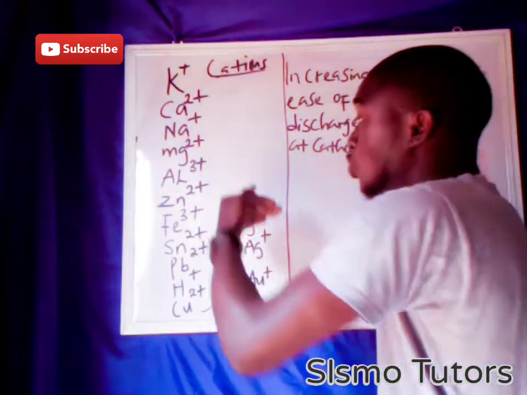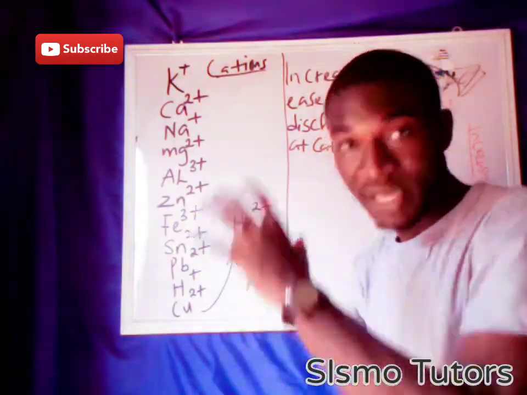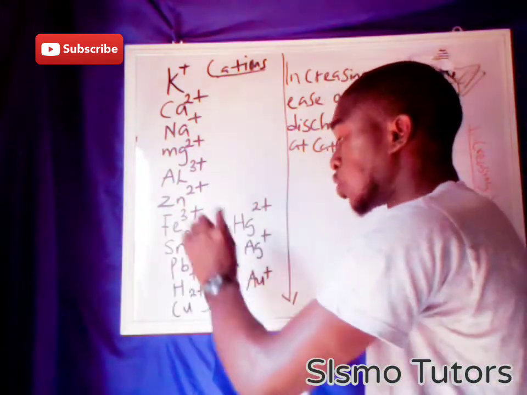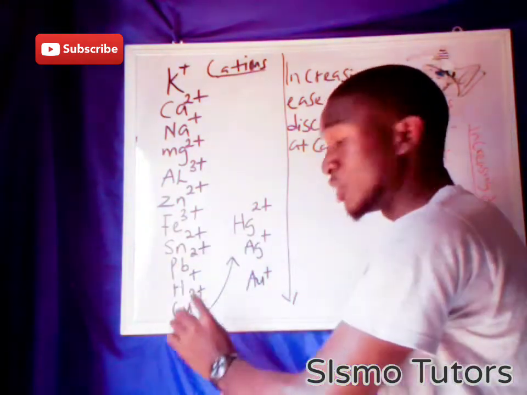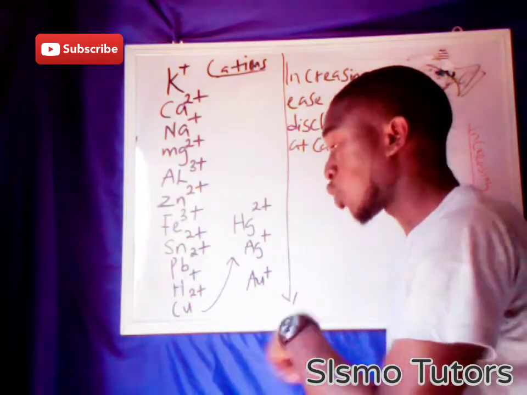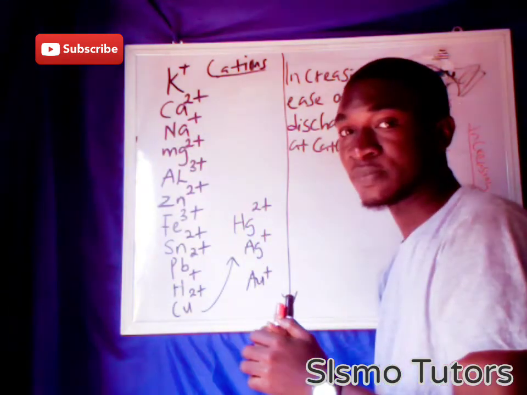For instance, in a solution where you have your hydrogen ion and your copper ion, the copper ion will be discharged because it is below hydrogen ion in the electrochemical series.